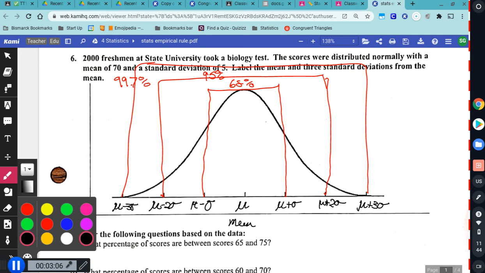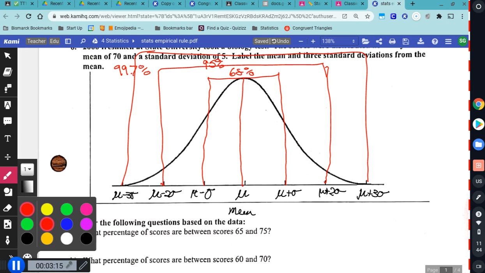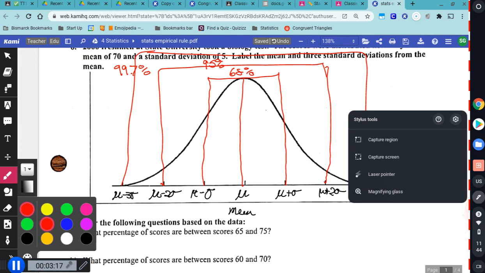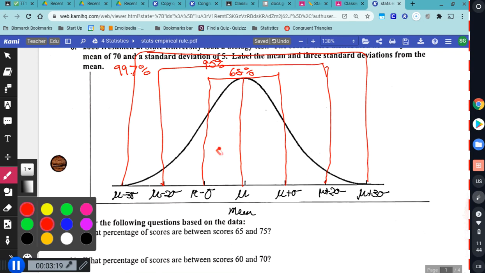Okay, and then in each space, what percent is in this section and what percent is in this section?